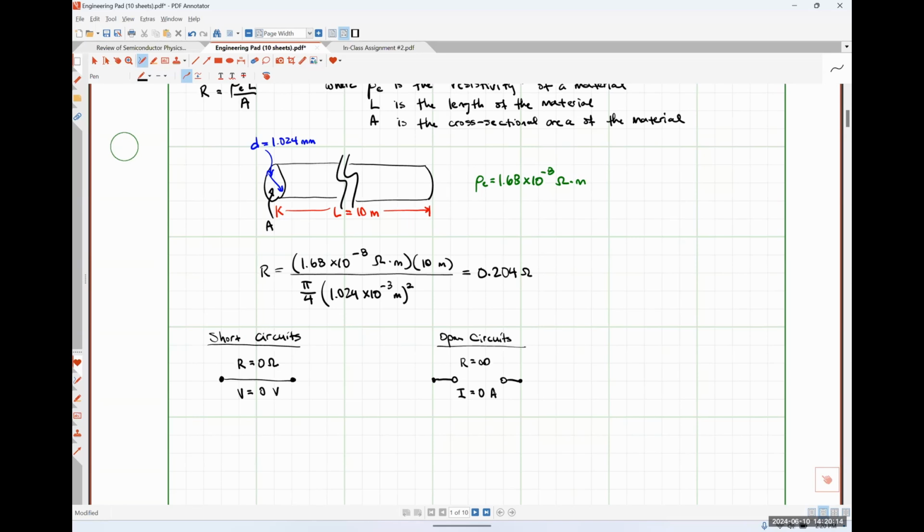The electric field strength is so large that it literally ionizes the air particles and creates a conductive path. So we have these two idealized cases of short circuits and open circuits, and then every practical resistance lies somewhere in between these two extremes.